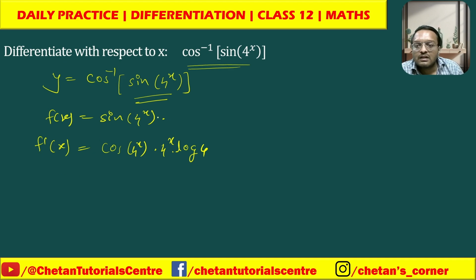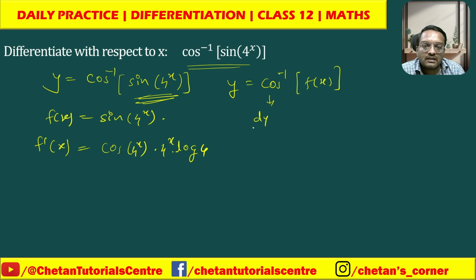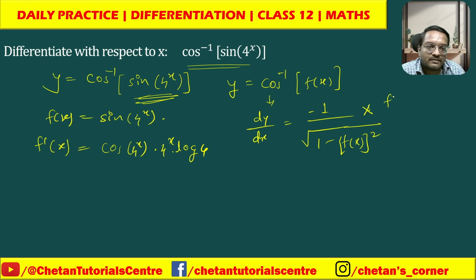Then when we put this function as f of x, y becomes y is equal to cos inverse of f of x. Then derivative of this cos inverse is minus 1 upon under root of 1 minus f of x bracket square, which will be multiplied with derivative of f of x, that is f dash of x.